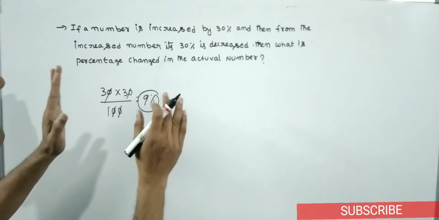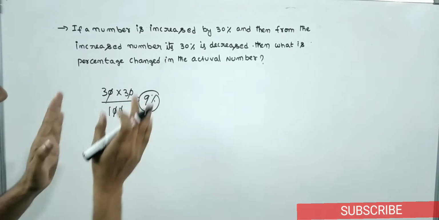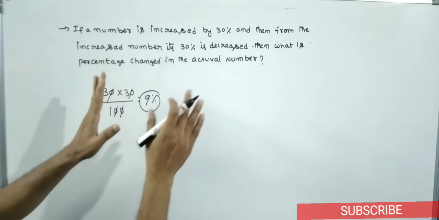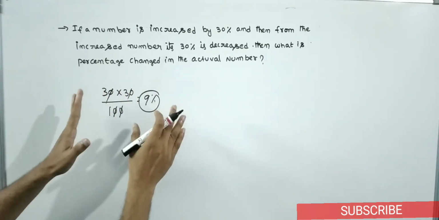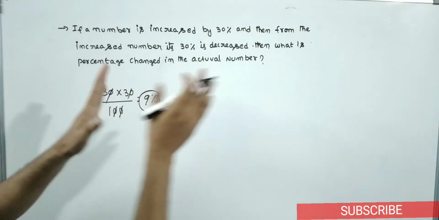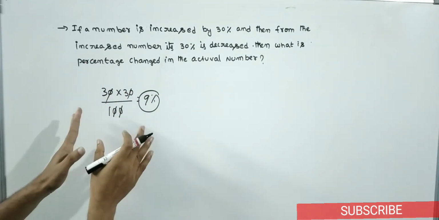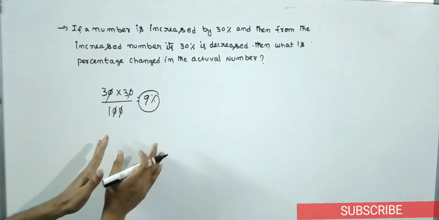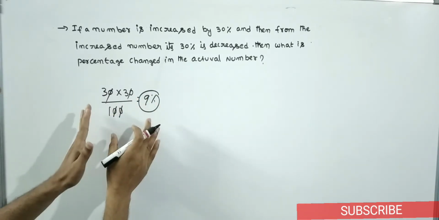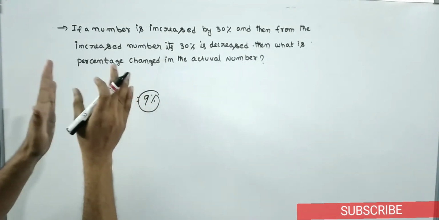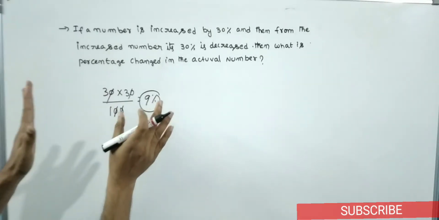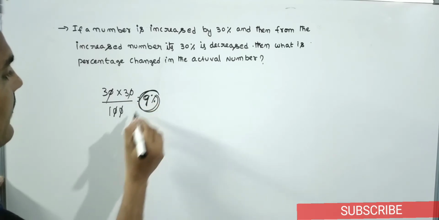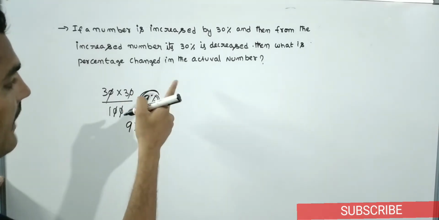Whenever a number is increased by some percentage and decreased by the same percentage, the number is always less than the actual number. So this is 9% less than the actual number.